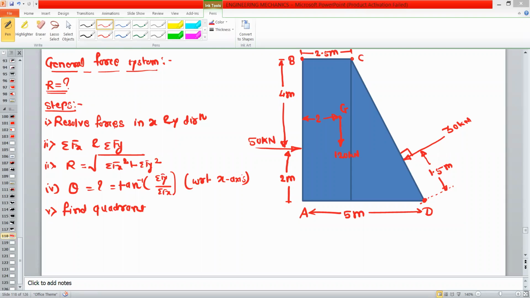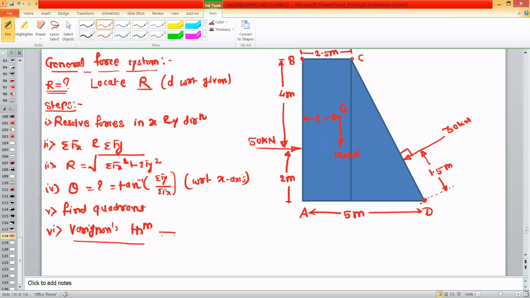And then to locate the resultant, so the second question is we have to locate the resultant R. That means we have to find out the perpendicular distance d with respect to a given point. So to locate the resultant R, we have to use Varignon's theorem. By using Varignon's theorem, we will get a perpendicular distance.